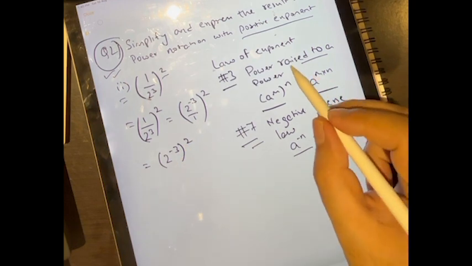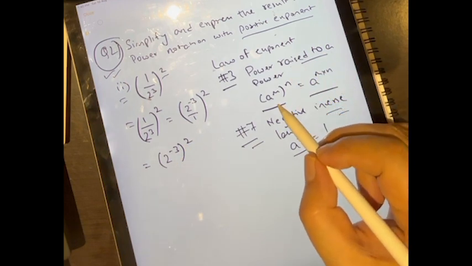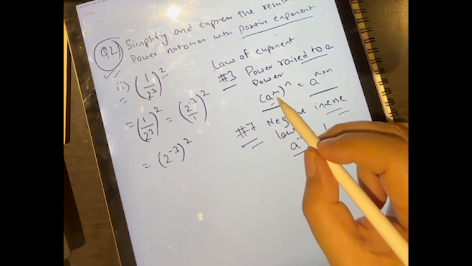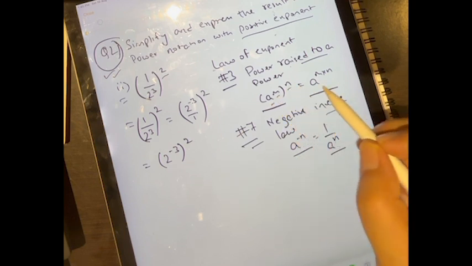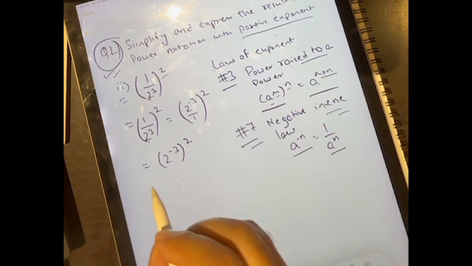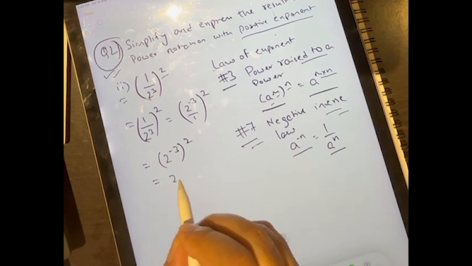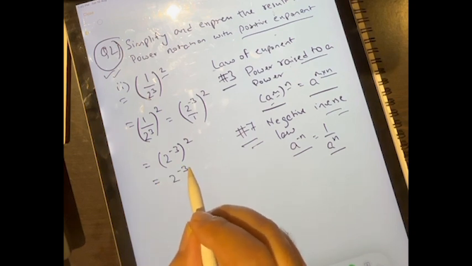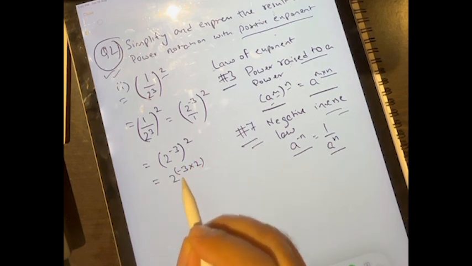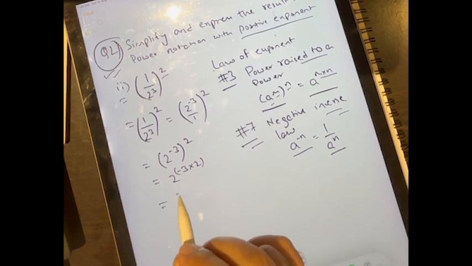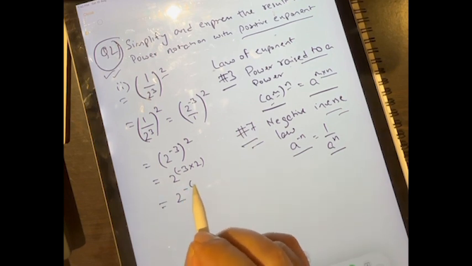And now we will apply power raised to a power, which is basically a raised to the power of m overall raised to the power of n, and we can do something like this. So this will become 2 minus 3 into 2, and this will become 2 minus 6.